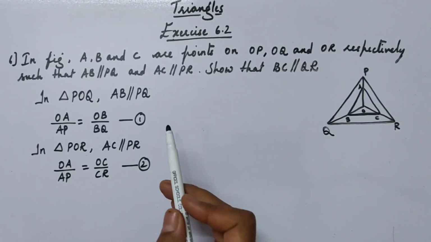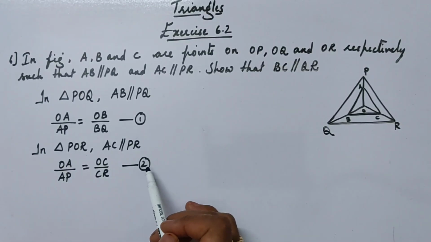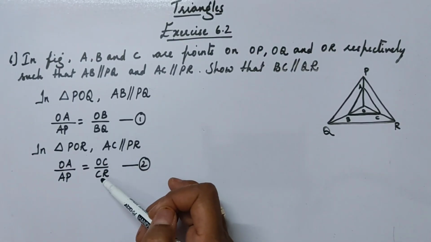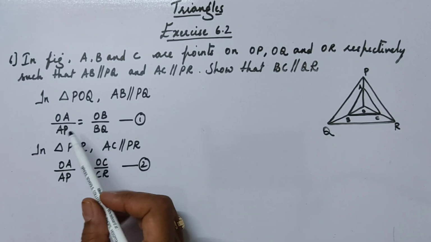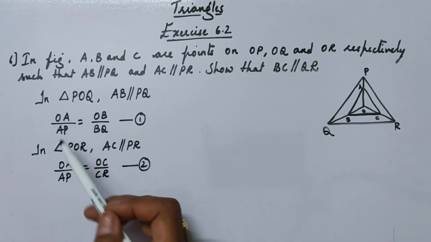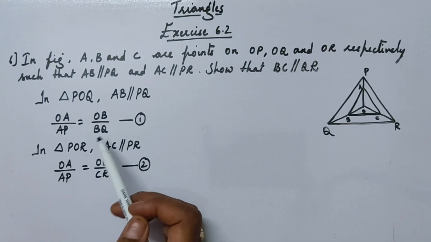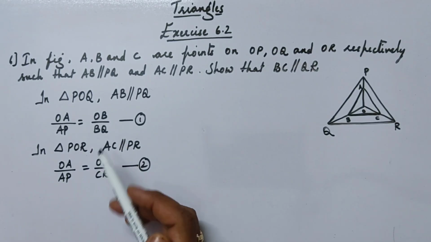Now I have written here, students, equation 1 and equation 2. From equation 1 and equation 2, you can see that both LHS are equal. When both LHS are equal, obviously both RHS are also equal to each other, right?